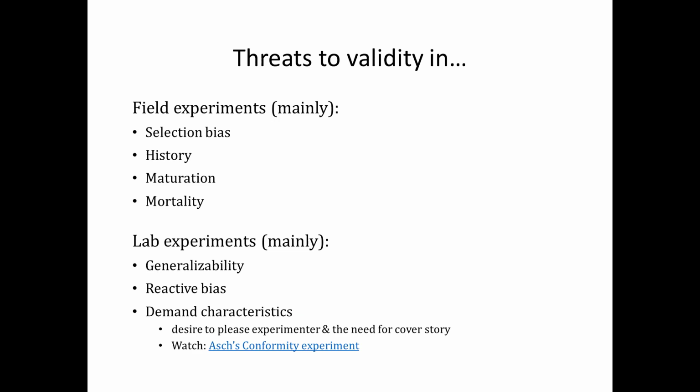A final threat that may arise is known as demand characteristics. This refers to a subconscious bias caused by the subject's knowledge that they are being studied. Subjects invariably try to guess the objective of the study or its hypotheses, and they may change their behavior so as to confirm the hypothesis.